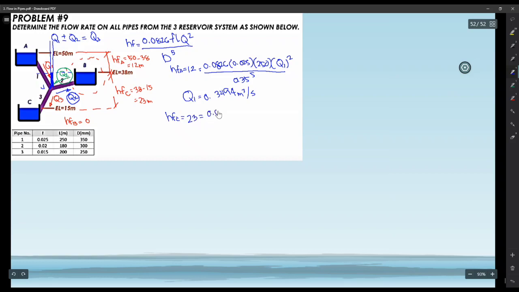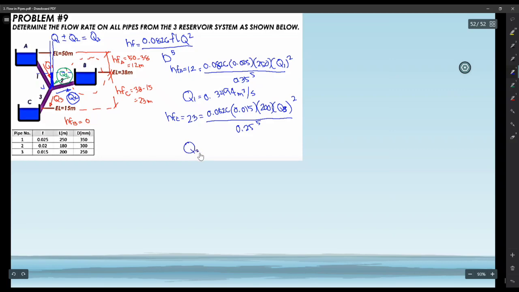So that is 0.0826 multiplied by the friction factor 0.015 times 200 times Q sub 3 squared, all over 0.25 raised to 5.